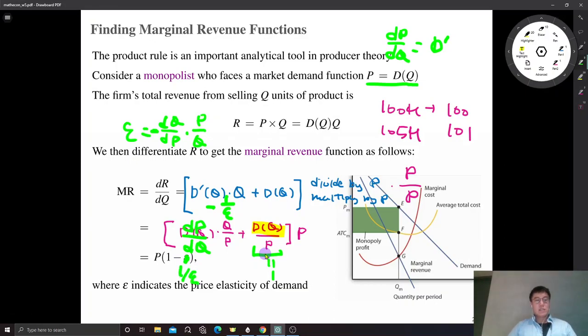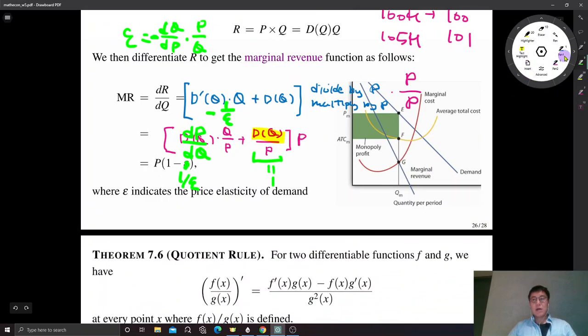To summarize, we obtain an alternative expression of marginal revenue. Marginal revenue can be expressed as price times 1 minus 1 over epsilon. From this, we obtain the following insight.